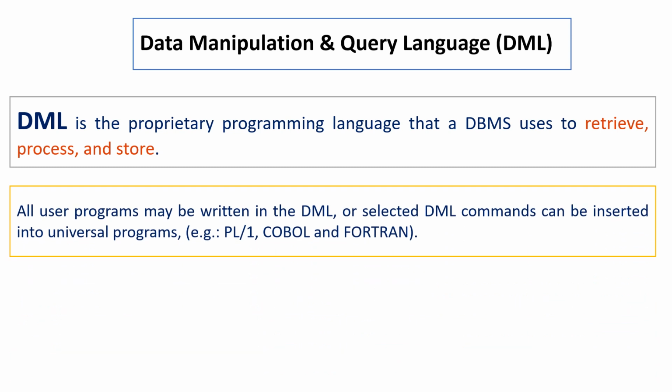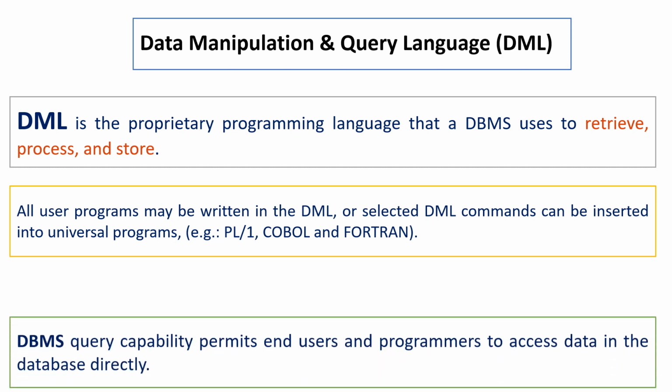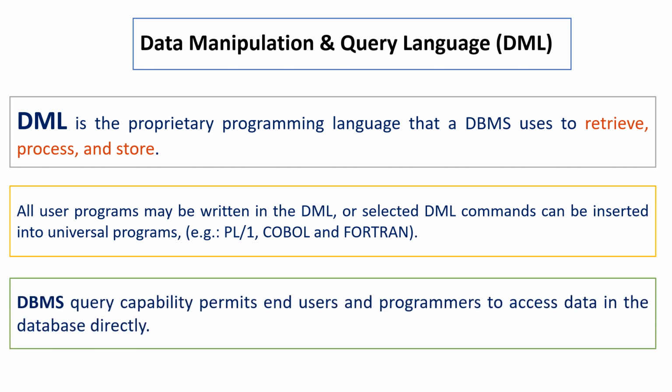All user programs may be written in DML, or selected DML commands can be inserted into universal programs, for example, PL/1, COBOL, and Fortran. DBMS query capability permits end users and programmers to access data in the database directly.